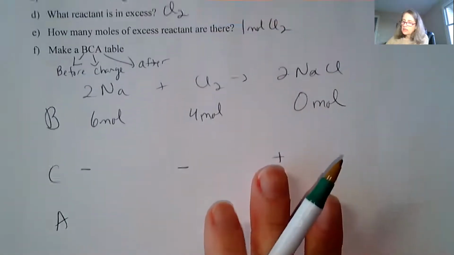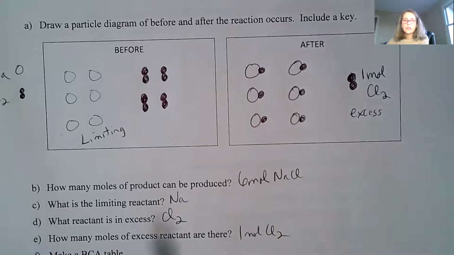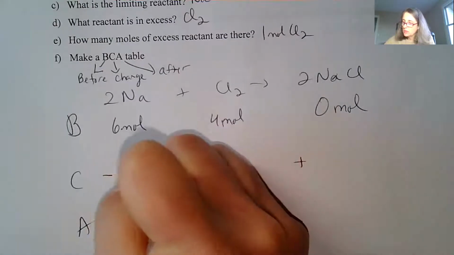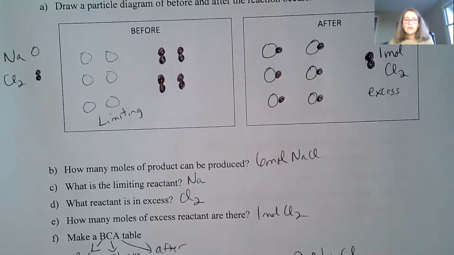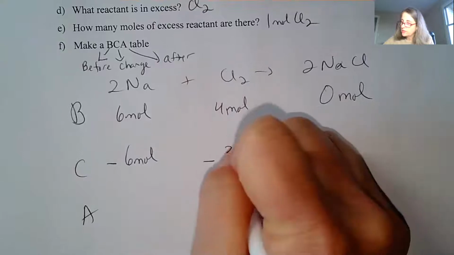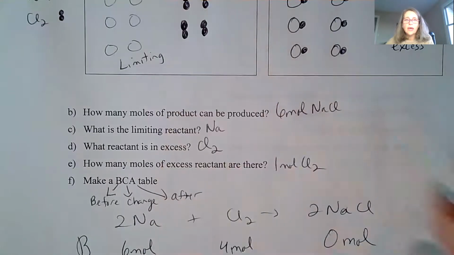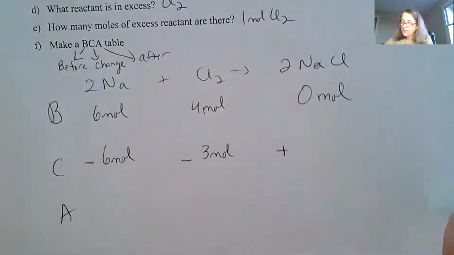So in this type of problem, we are looking at the number of circles that were used up. So in this case, all of the sodium was used. So that's 6 moles completely used up. And the chlorine, I used a total of 3 of those moles. So I had 1 left over. So I had 3 of them that were being used to make the sodium chloride.